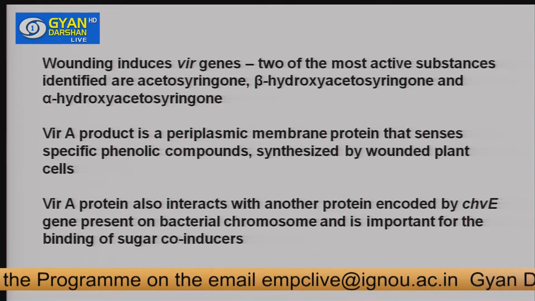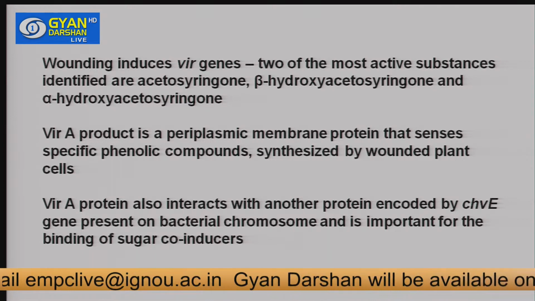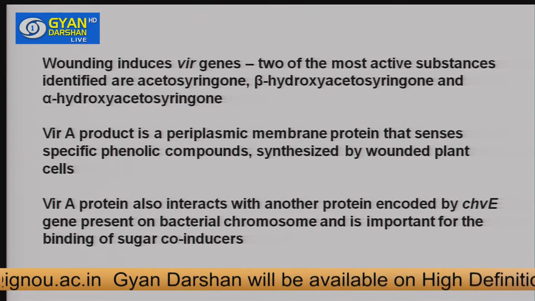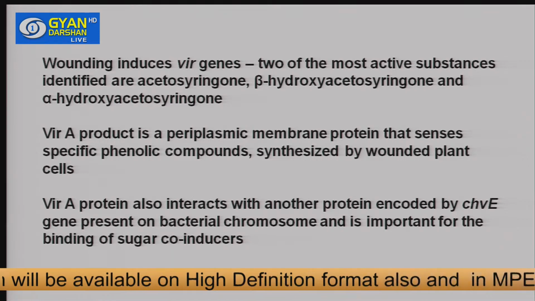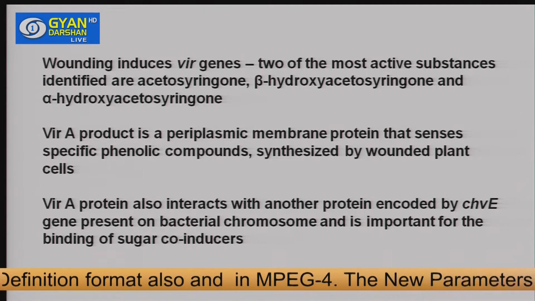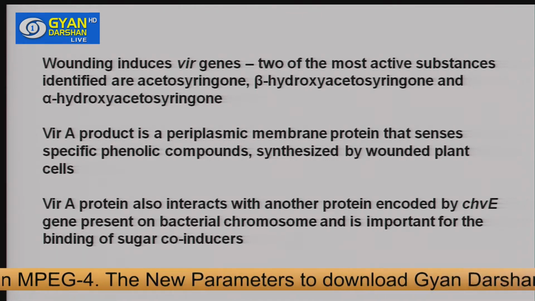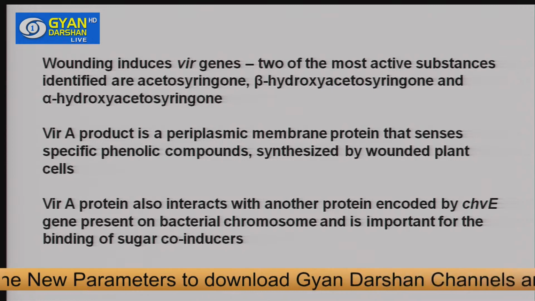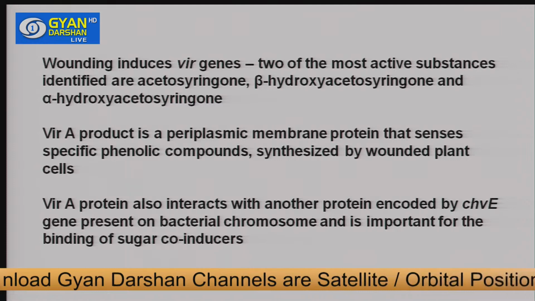Now, whenever there is wounding, this wounding induces the Vir genes, and there are certain chemicals which are released from the wounded site, which are known as acetosyringone or beta-hydroxyacetosyringone or alpha-hydroxyacetosyringone. Now, why does the Agrobacterium get mobilized, or undergo chemotactic movement?